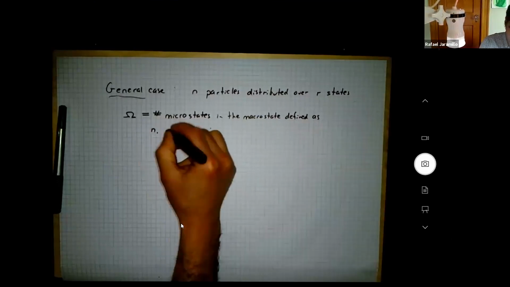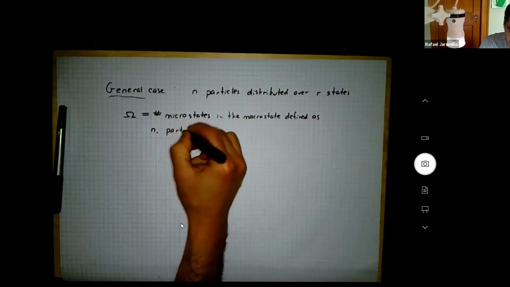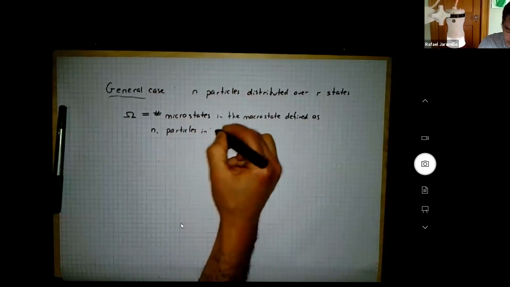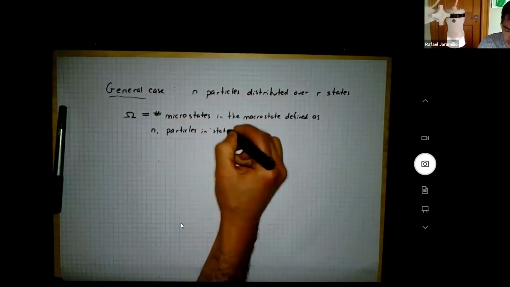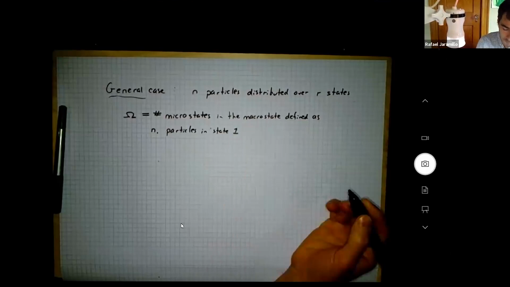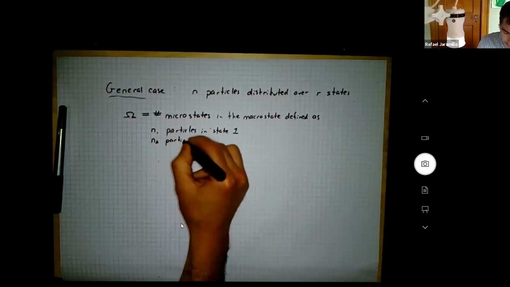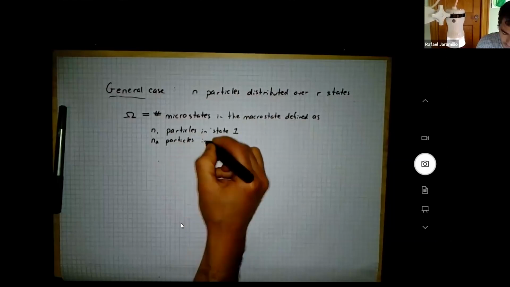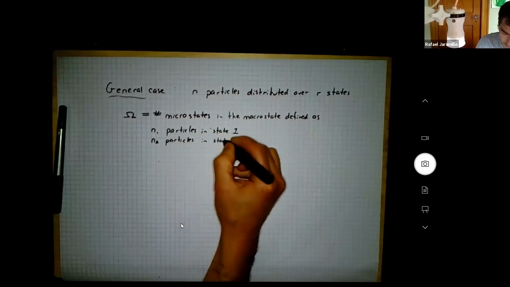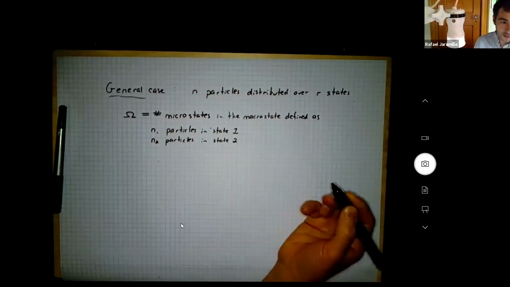N1 particles in state 1, N2 particles in state 2, and so forth.